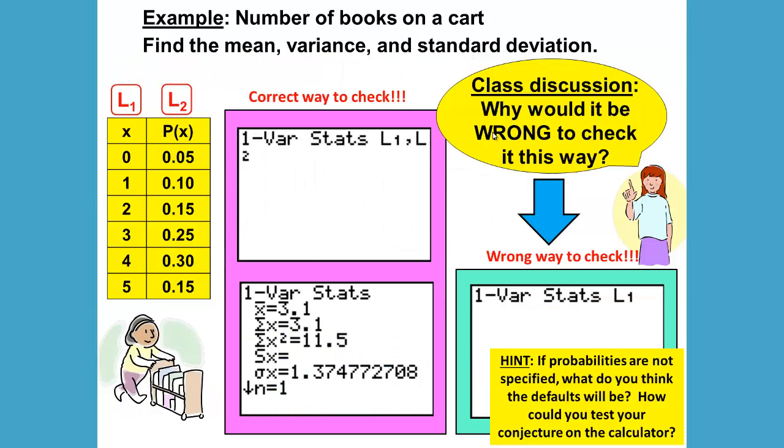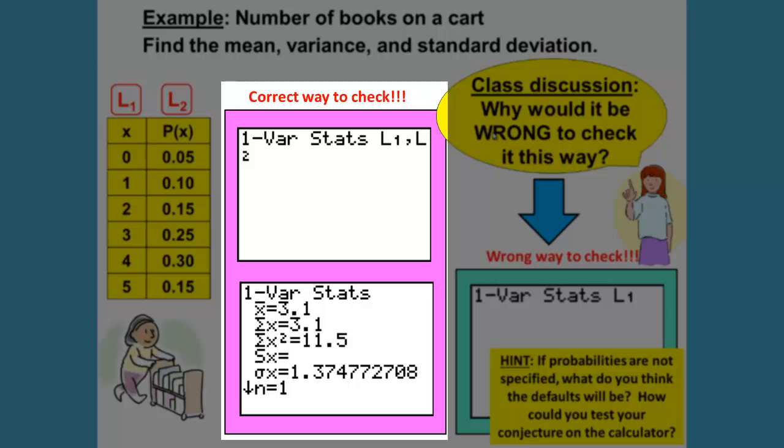Here is one last thought before we leave our book cart problem. Our information is put into list 1 and list 2. And the correct way to check it is to use var stats list 1, comma, list 2. This gives us the correct answer.